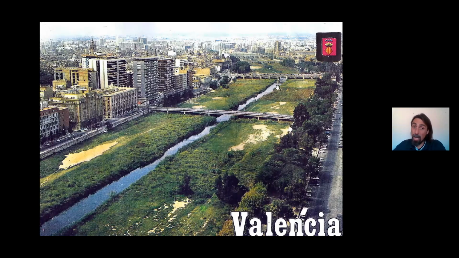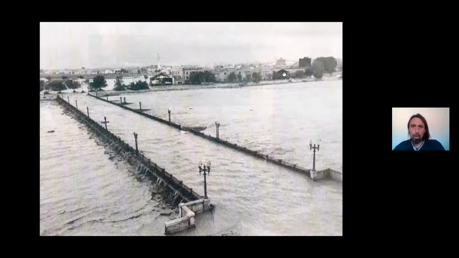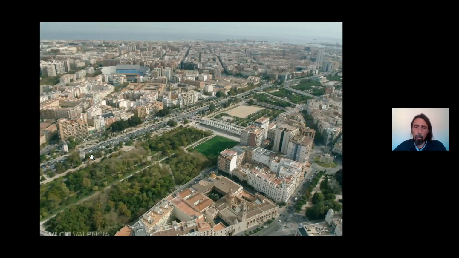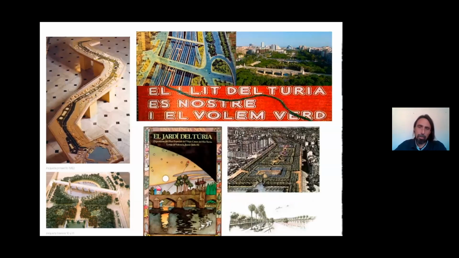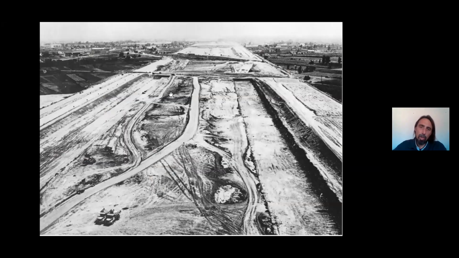This is Valencia, so it has a torrential regime. And obviously there is flooding with a lot of damage. And as I was saying, we've got this urban park. It's a great treasure in the city. Franco wanted to have a motorway going through the city. It's very functionalistic, but thanks to civil society that fought against it during the first democracy, the Turia River could belong to people and could continue to be green.